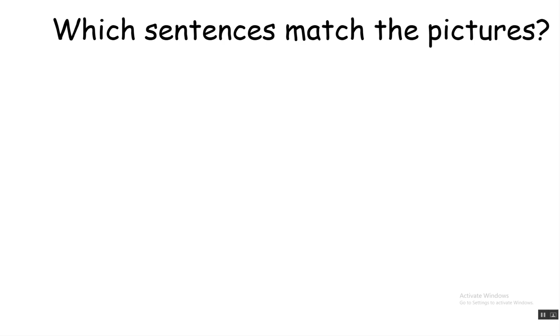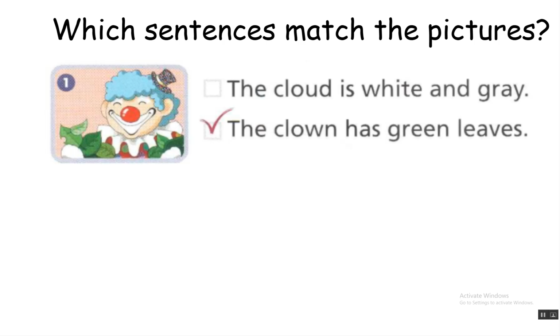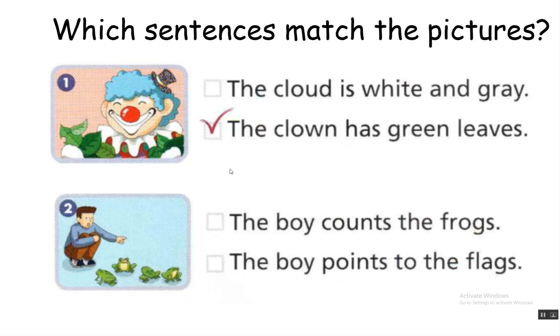Which sentences match the pictures? Here's the first one. The cloud is white and grey, or the clown has green leaves. So look at the picture. The clown has green leaves. Now it's your turn. Look at the picture. Which sentence matches the picture?